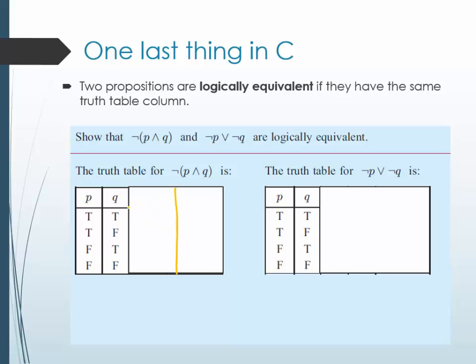What we do is we figure out what P conjunction Q is, and then we decide what the negation of P Q is. So P intersection Q, that's always true, false, false, false. And so what would our ending value be here? What do you think, Sarah? Yeah, it's the opposite.